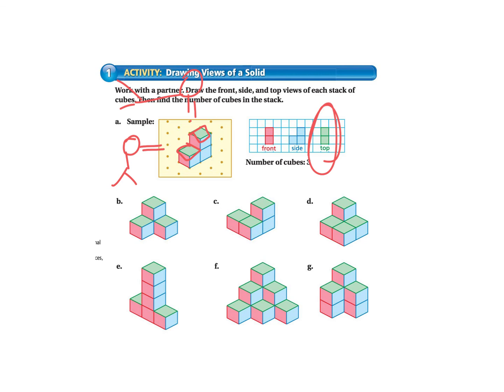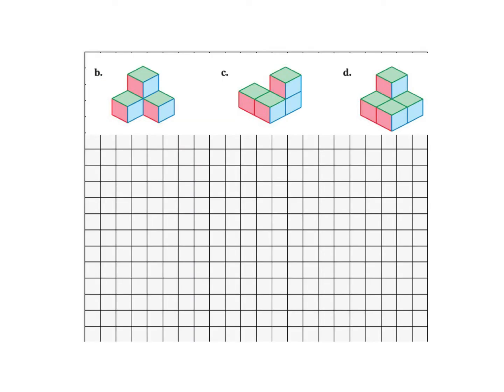So now we're going to do something. So if we look at examples together, let's do B. We'll do front, side, and top, okay, of shape B. So if we're looking at the red ones, okay, we're going to see 1 shaded in here.